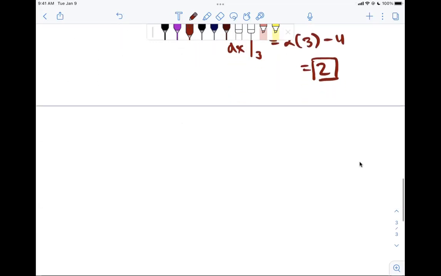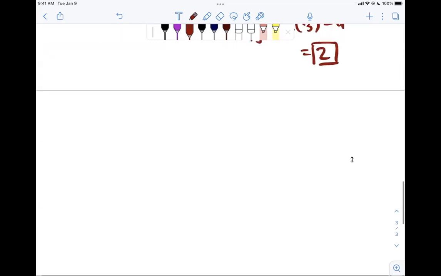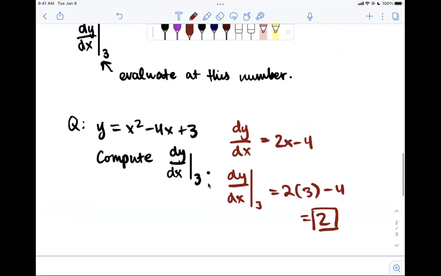All right, and then this question has a part 2. And now the question is, we want to compute the equation of the line tangent to the graph of y equals x squared minus 4x plus 3 when x equals 3. So basically at this point 3, we want to find the equation of the tangent line.